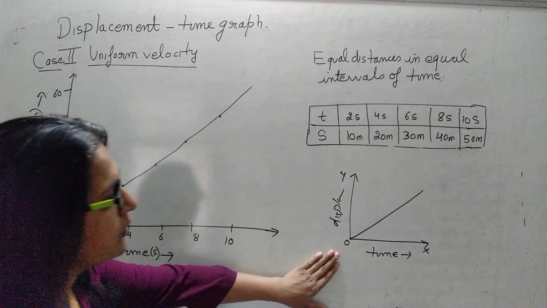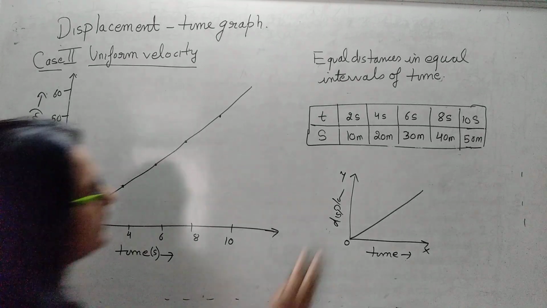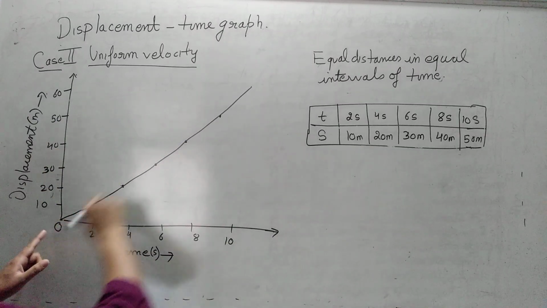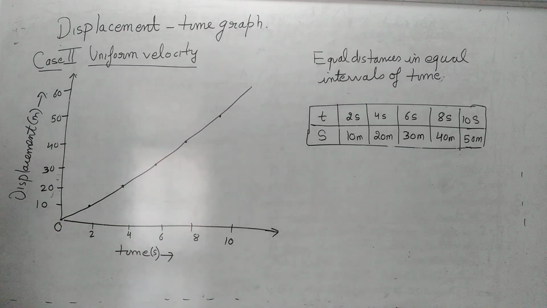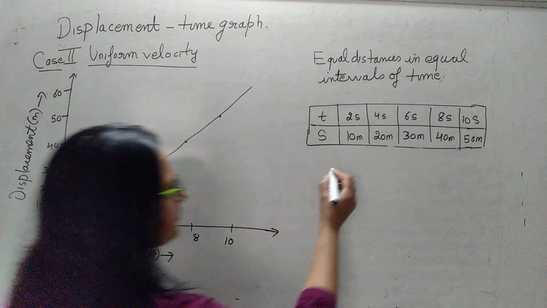And you have to draw it by rough hand on your answer sheet. So this is the displacement time graph for uniform velocity. जब भी displacement time graph इस तरह का है, इसका मतलब है the body is moving with uniform velocity and it is moving away from the origin.